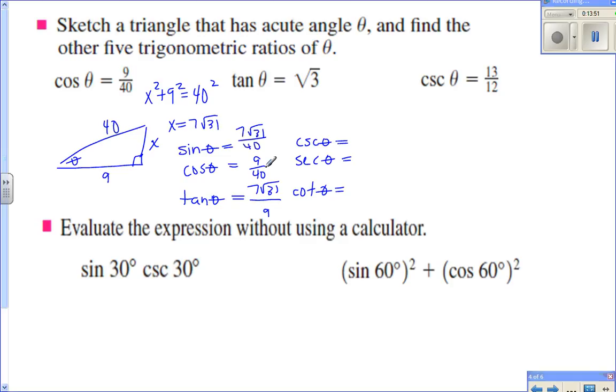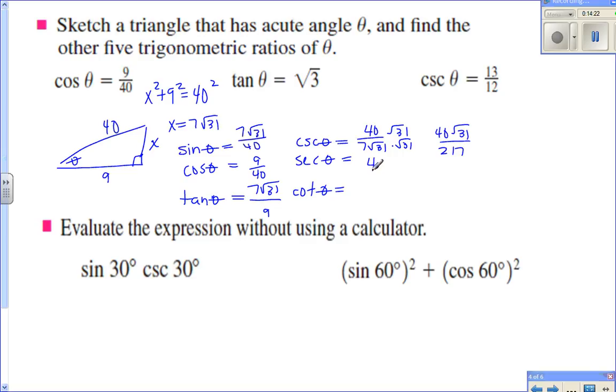So now we're just going to go ahead and do the reciprocals of these. So cosecant would be 40 over 7 times the square root of 31, which we would have to simplify down. So we would have 40 times the square root of 31 over 7 times 31, which is 217.